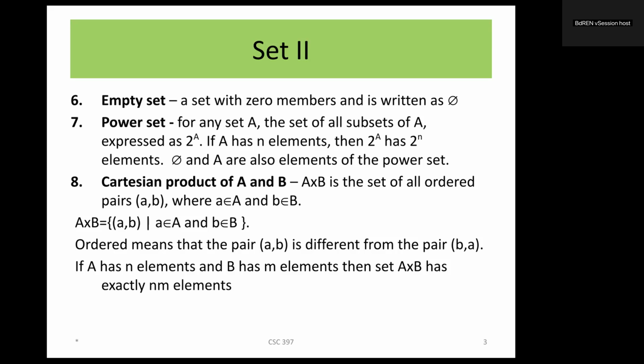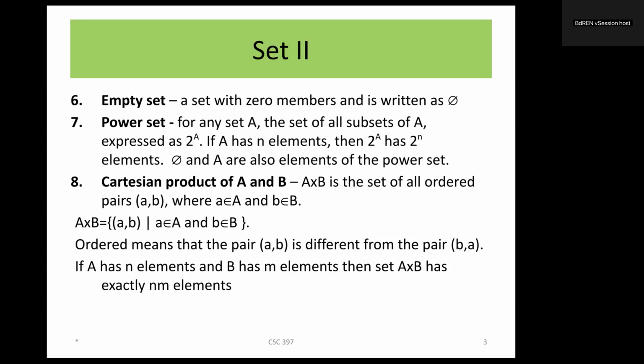So if our set has 2 elements, that means the total power set elements will be 4, right? 2 to the power 2. And of course, phi, the empty set, and the set itself are elements of that, along with all subsets.